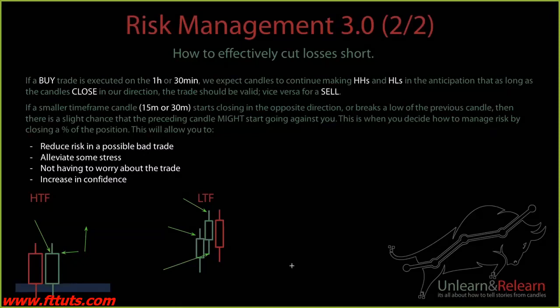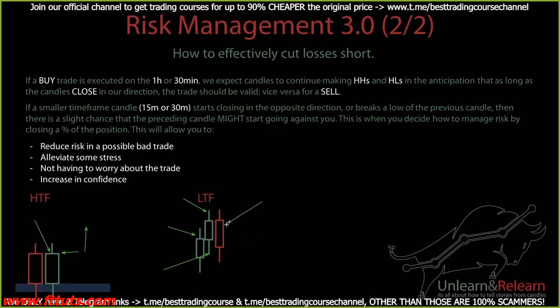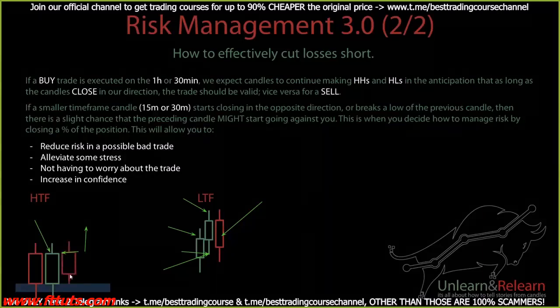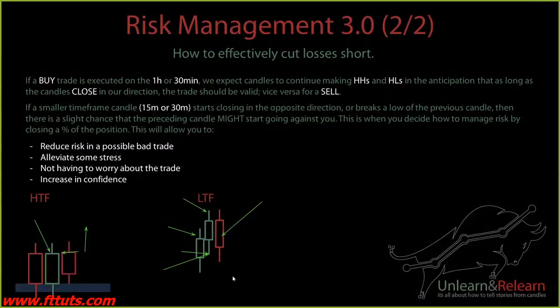What we learned in an uptrend and downtrend was that for an uptrend to continue, you need the next candle to start respecting the lows of the previous candles. But if this 15-minute candle has broken the low of the previous 15-minute candle, it means the next 30-minute candle may be starting to form like this, bearish.